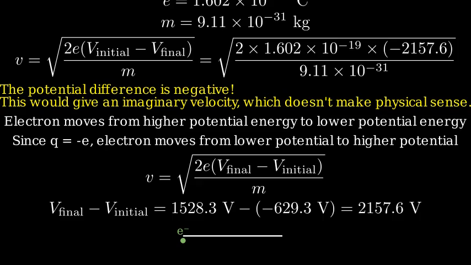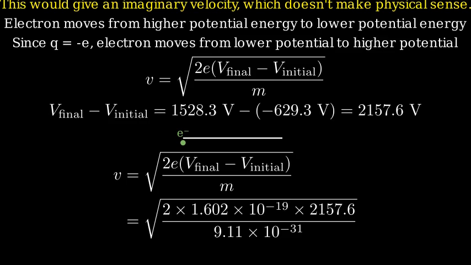Now, let's calculate the electron's velocity correctly. V equals the square root of 2e times V final minus V initial divided by m, equals the square root of 2 times 1.602 times 10 to the minus 19 times 2,157.6 divided by 9.11 times 10 to the minus 31.